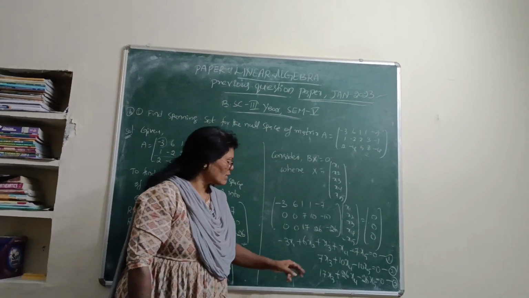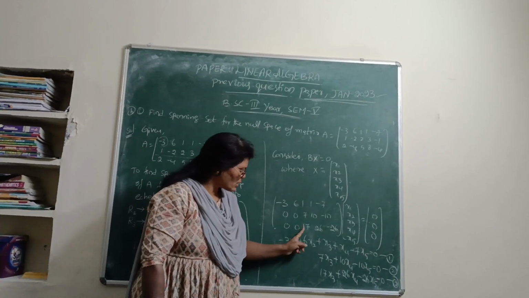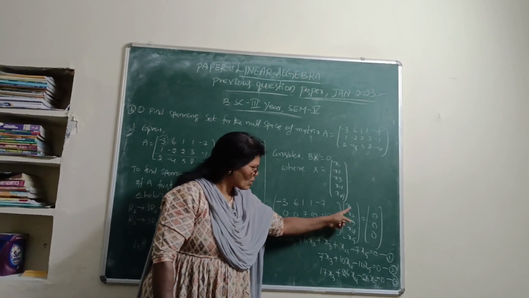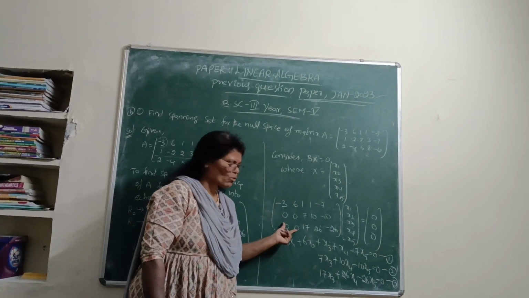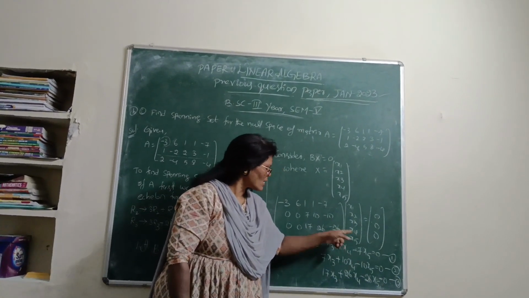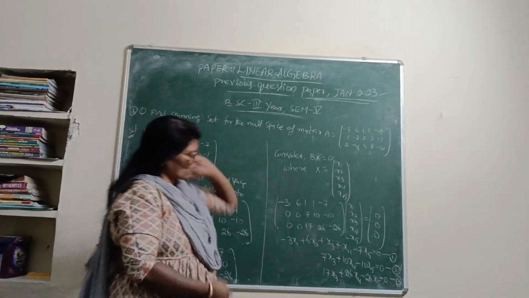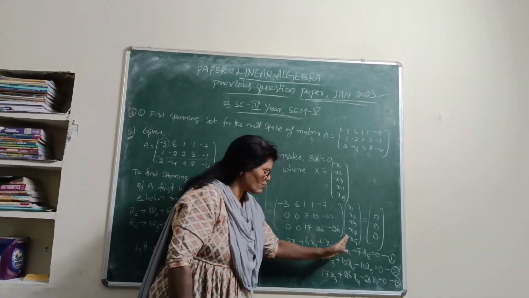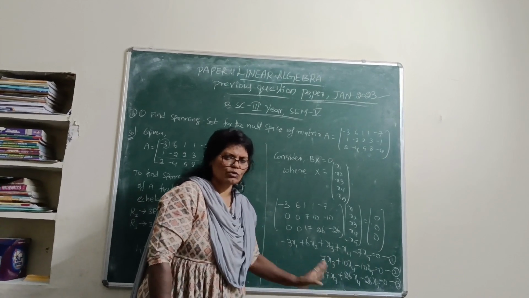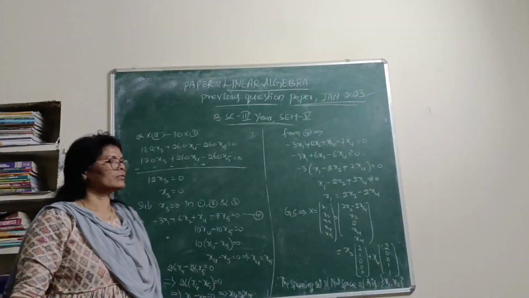That is equation 2. And in the third row also, 17x3 plus 26x4 minus 26x5 should become 0, because x1 and x2 terms are 0. By solving these three equations, we should get the values of x1, x2, x3, x4 and x5.